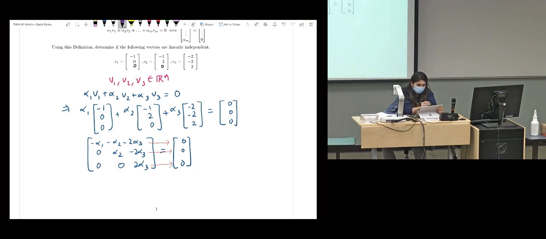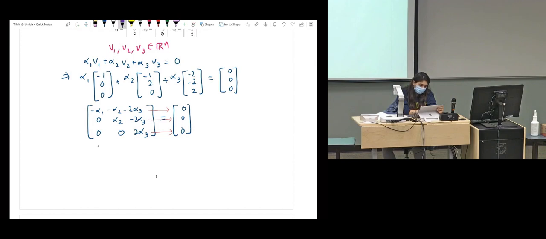So you can write this in Ax equals b format. And then this becomes the matrix with columns minus 1, 0, 0; minus 1, 2, 0; minus 2, minus 1, 2, times alpha 1, alpha 2, alpha 3 equals 0, 0, 0.